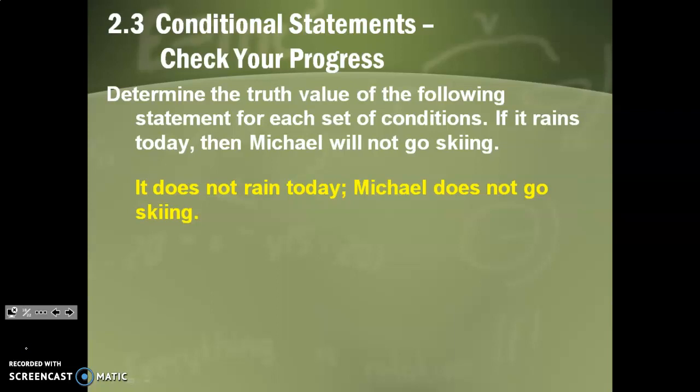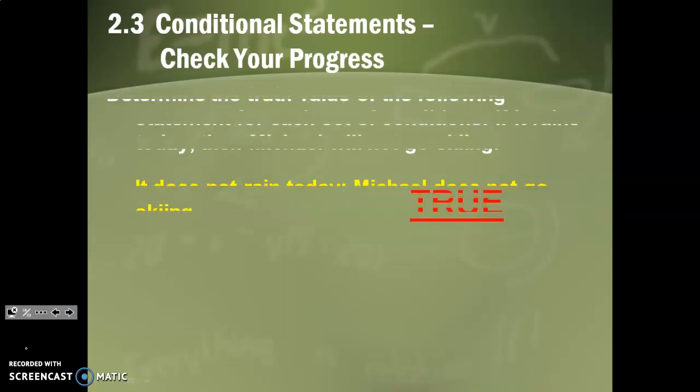And in this one, it does not rain today. So the hypotheses don't agree with each other. So it's actually true. I also think of it as we never said what Michael would do if it doesn't rain. It's kind of implied, but skiing is just an option he could do that day is a way to look at that. So that's actually a true statement.